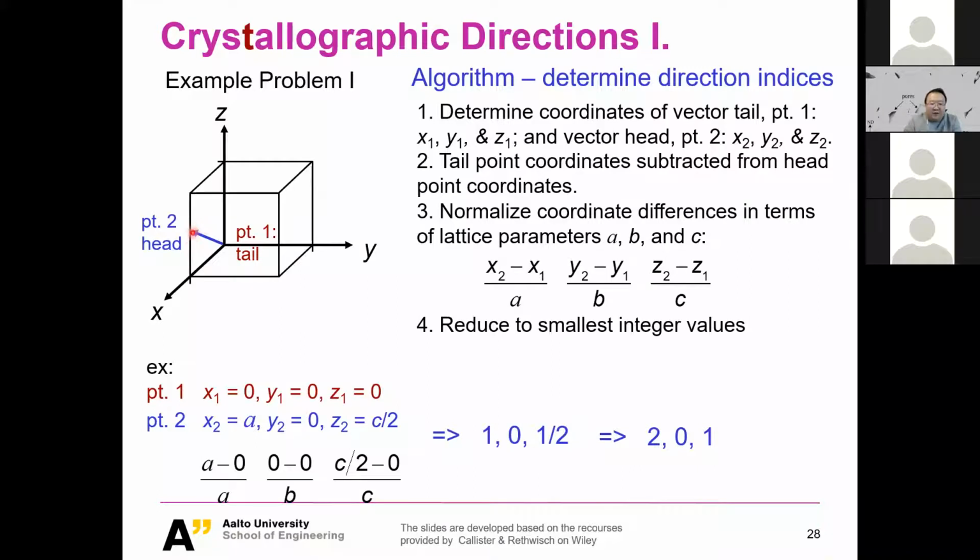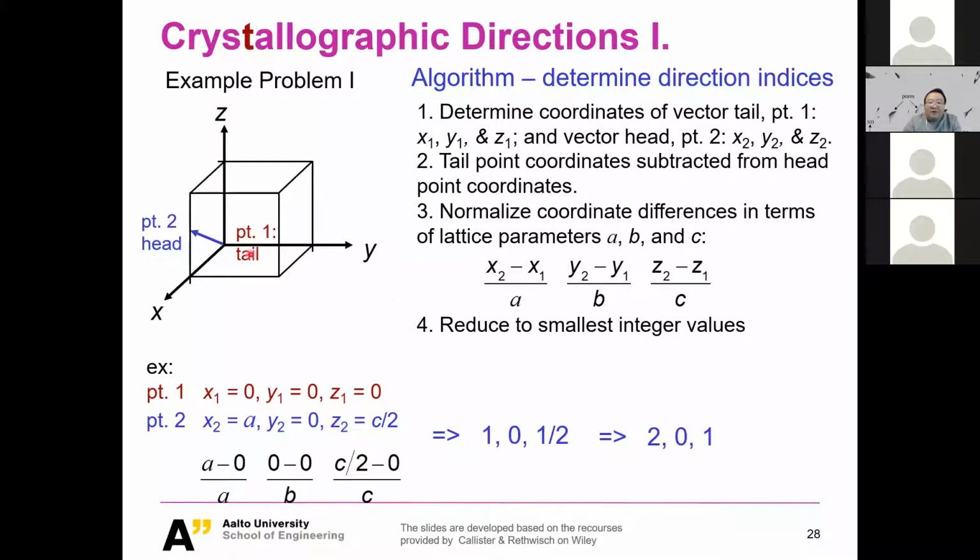For example, here, this is the head point, point 2. What is the point coordinate of this one? It's A and 0 because we don't have any Y, and it's half C in terms of the Z direction. So the point coordinate for the head point is A, 0, and half C.